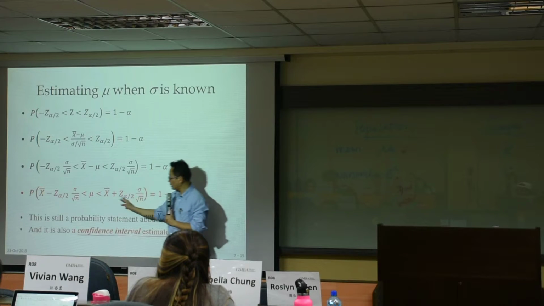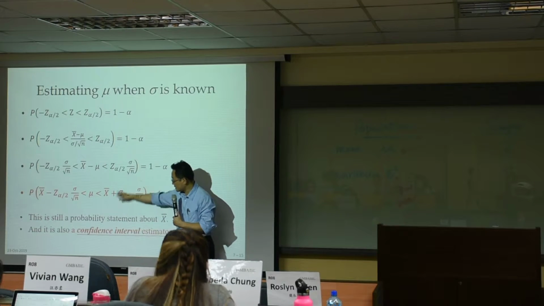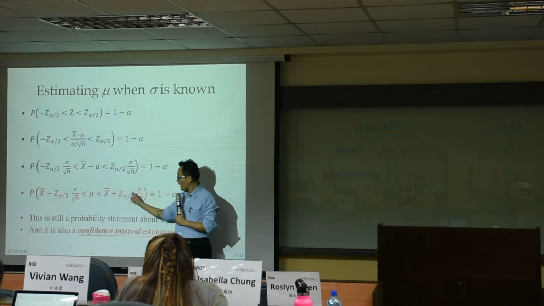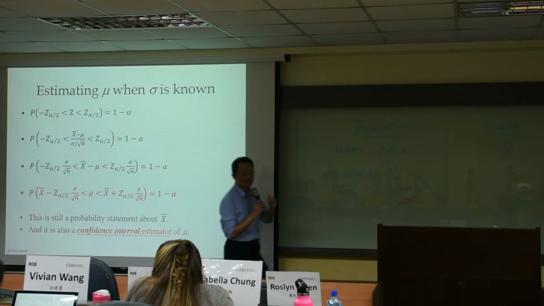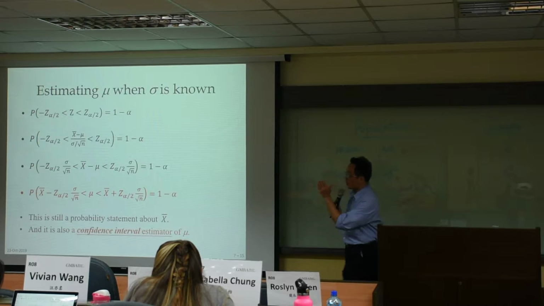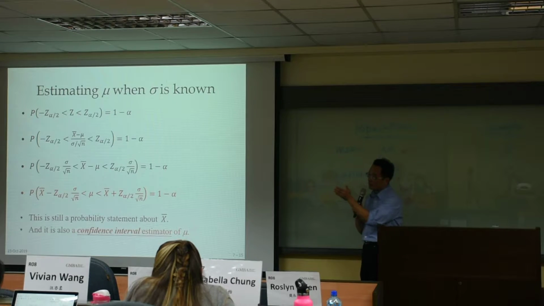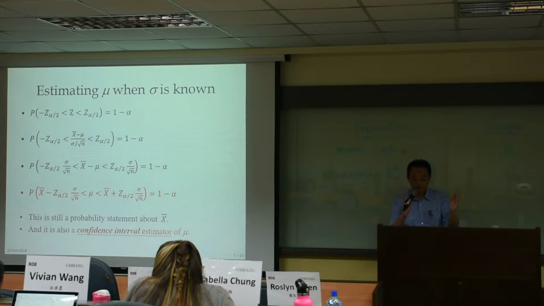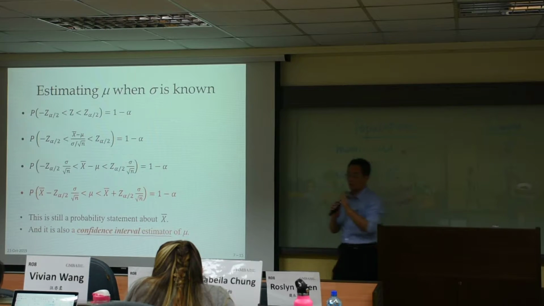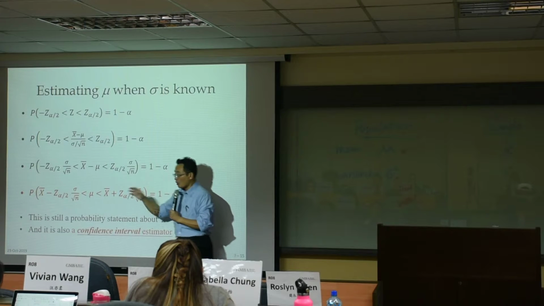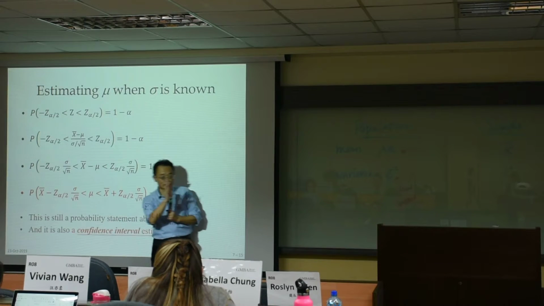We have x bar plus this amount of value, or x bar minus the same amount of value, so it creates some kind of interval, two ends that will give us an understanding about where mu will lie.